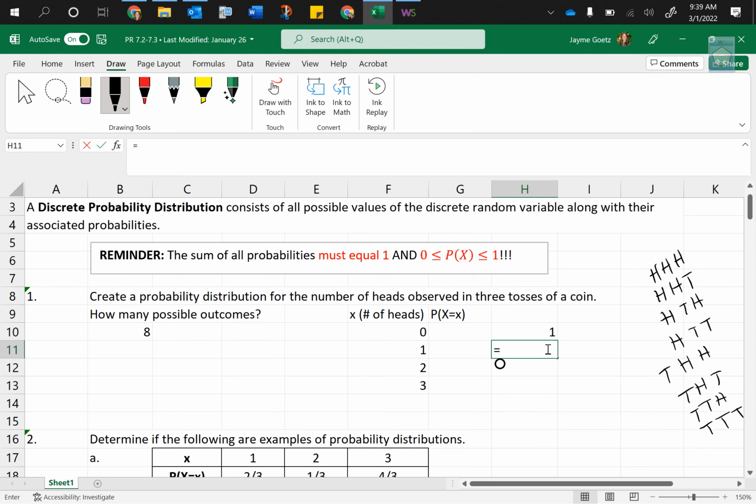Okay, so combination of 3 choose 1, right? Combination of 3 choose 2. Wait, that's not right. Why am I saying 8? It should be 3, shouldn't it? Because it's 3 tosses. Combination of 3 choose 1.